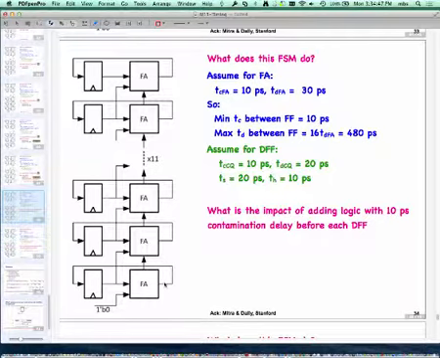If you recall, contamination delay is the minimum path between inputs and outputs. So I take all the paths, I calculate each one of their contamination delays, and I take the shortest one. In this case, for example, the path which goes from the input here to the output out here has a contamination delay of 10, and that would be my shortest one.